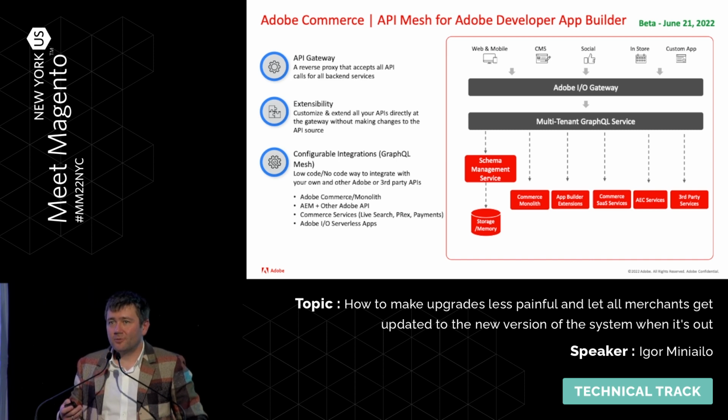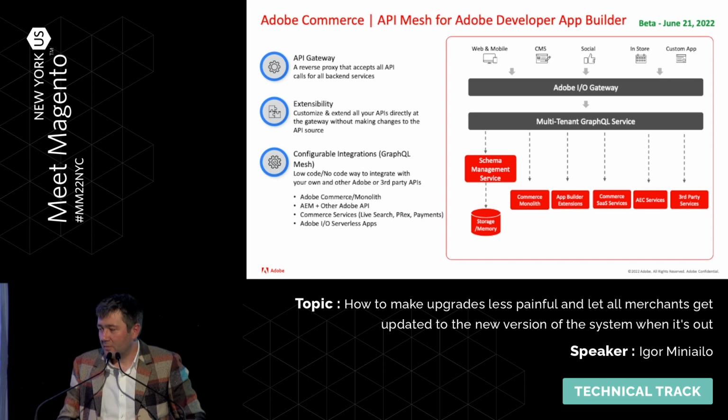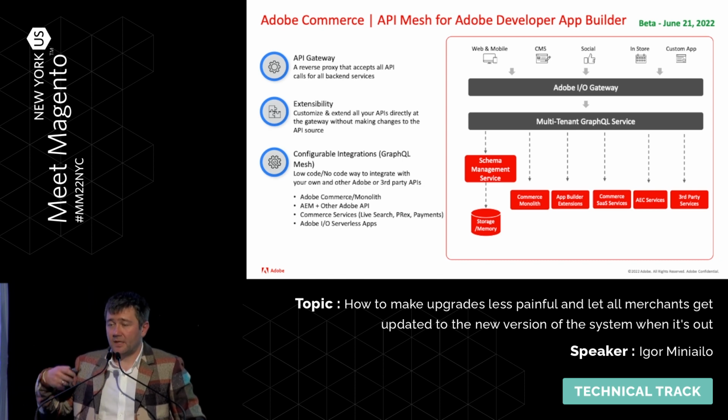I am not going to brag and say that we are introducing an integration platform as a service. Probably we are not there yet. But what we do is provide the API orchestration layer, and we provide App Builder functions which can be added as a custom resolver, so that, for example, if you are getting a response from the Adobe Commerce monolith or from a third-party system, you may immediately introduce some customization on that response.